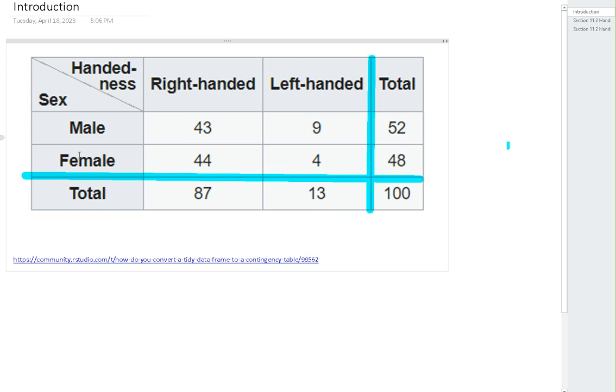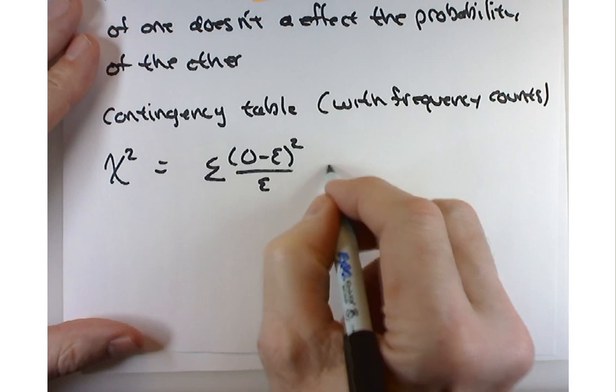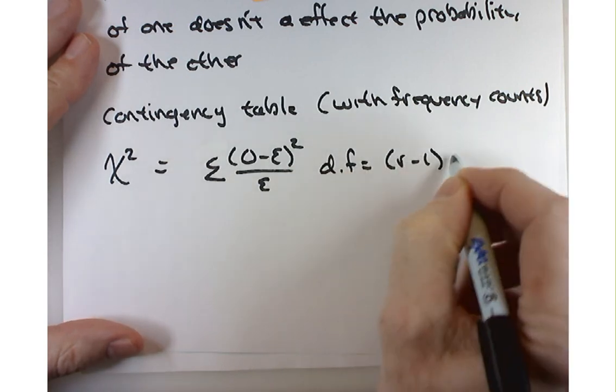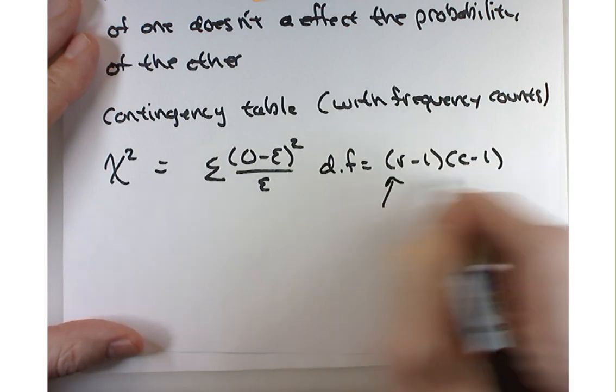Now in your contingency tables, you're going to have a number of rows and a number of columns. The degrees of freedom for this test is going to be R minus 1 times C minus 1. What do you think R and C are going to stand for?